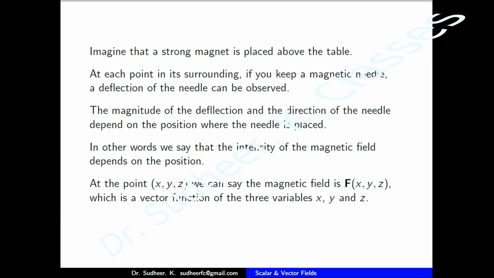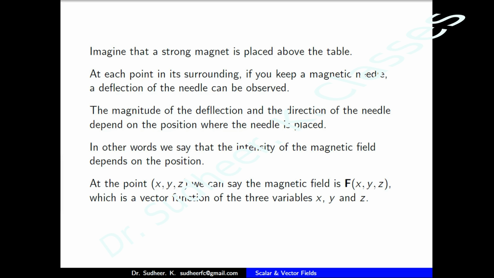Now imagine that a strong magnet is placed above a table in a room. At each point in its surrounding, if you keep a magnetic needle, a deflection of the needle can be observed. The magnitude of the deflection and the direction of the needle depend on the position where the needle is placed.